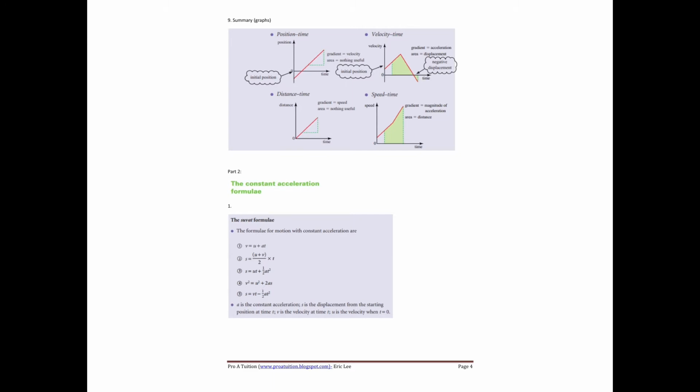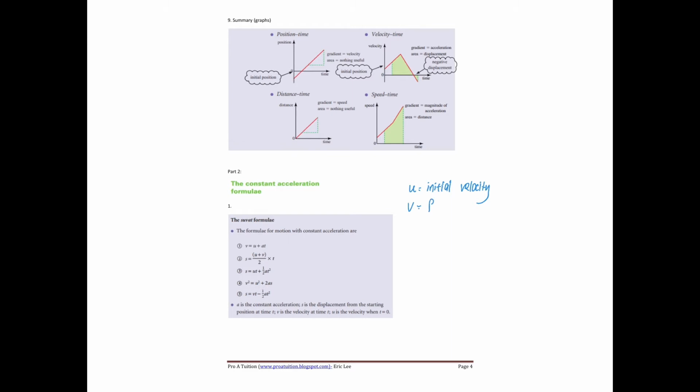And now let's see part 2. The constant acceleration formulae. What we have here are the SUVAT formulae. The formulae for motion with constant acceleration are as follows. V equal to u plus at. Make sure you know all the meaning of the symbols here. u is the initial velocity.